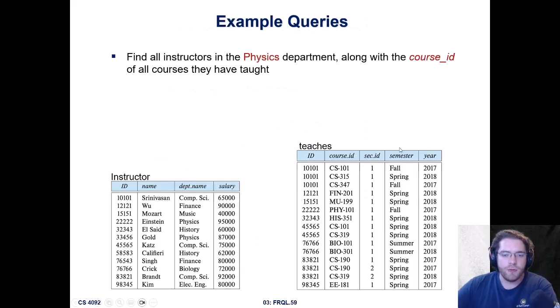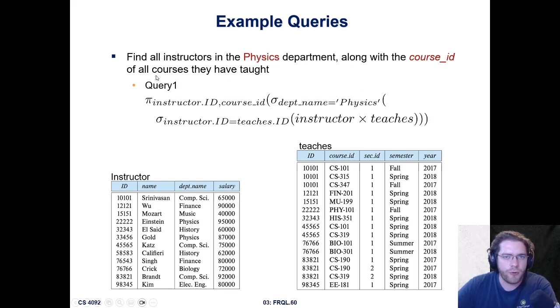So the next few slides here, including on the PowerPoint, are some example queries. The PowerPoint does a good job of going through all of them, but I'll just go through the first one here. So we find all the instructors in the physics department, along with the course ID of all the courses they have taught, right? Our first query here is going into the middle. So we can do a Cartesian product, get me all the instructor and teaches relations composed together.